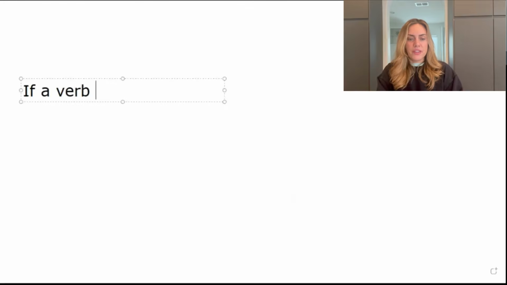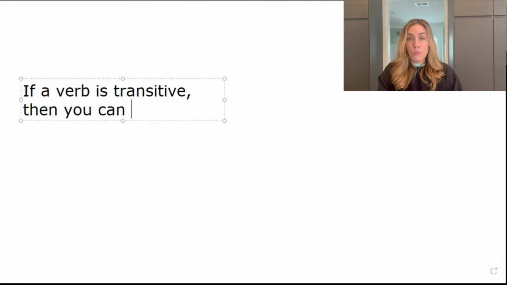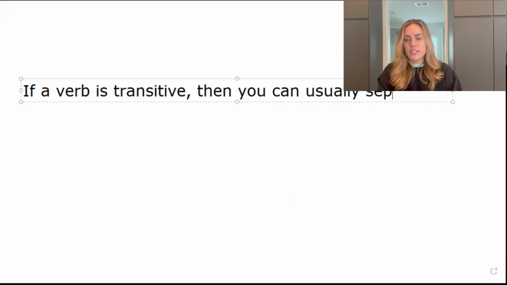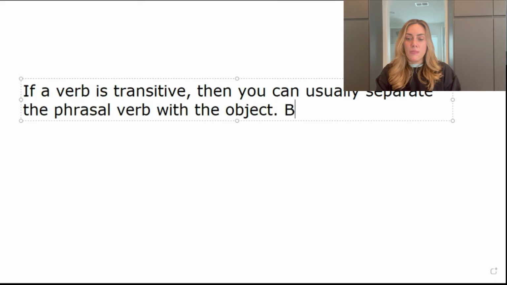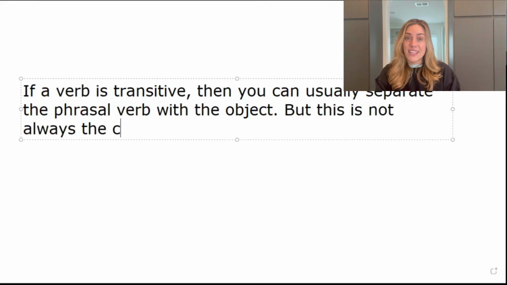Again, because if a verb is transitive, then you can usually, not always, separate the phrasal verb with the object, okay? Transitive means there's an object after the verb. But this is not always the case, okay?